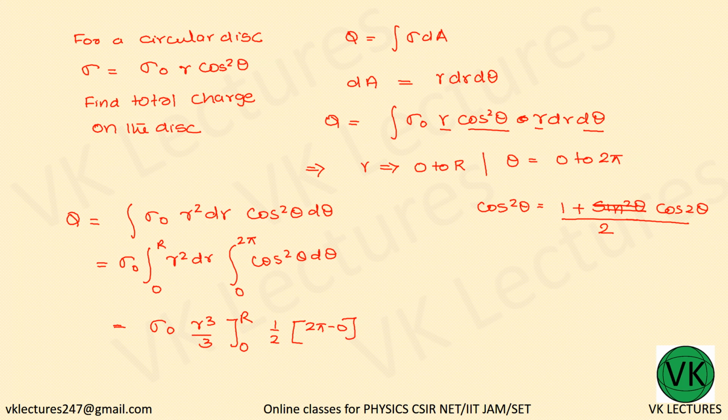So this gives us sigma naught r cube by 3 times half of 2 pi, which is pi, so sigma naught pi r cube by 3.